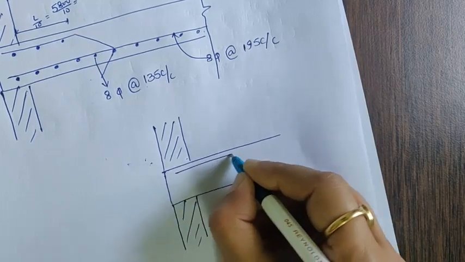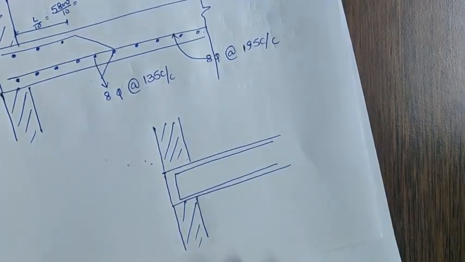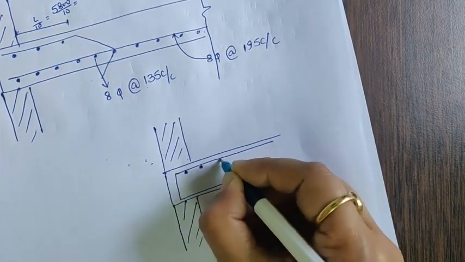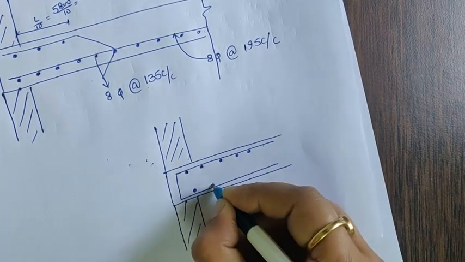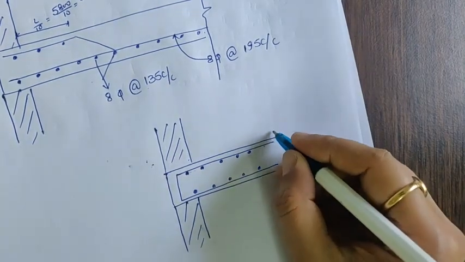Now the torsion reinforcement is provided in U shape, this way, and then the second mesh is at the bottom, like this.